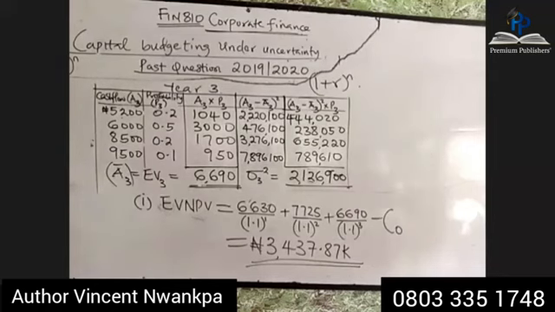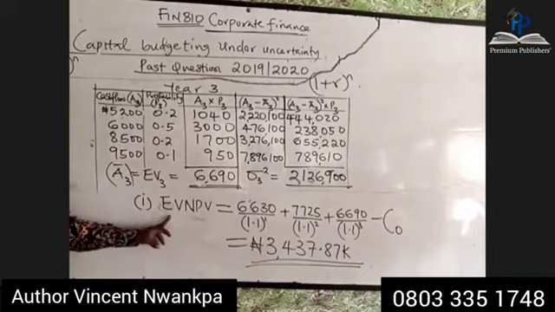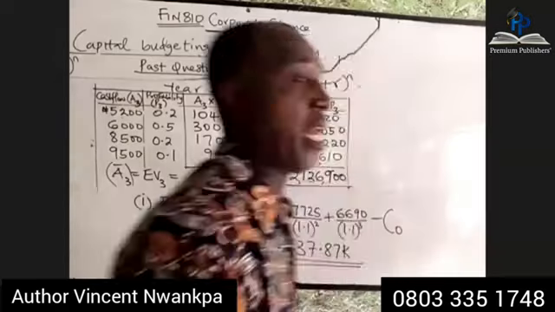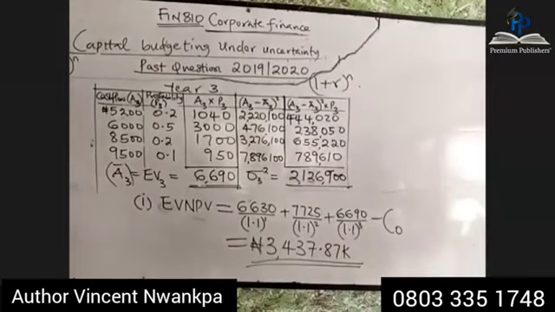Yes, this one. Expected value of the net present value of the project. Is it clear? So that means if you check your cost outlay, you will see the rate in B is the same thing as risk-free rate.